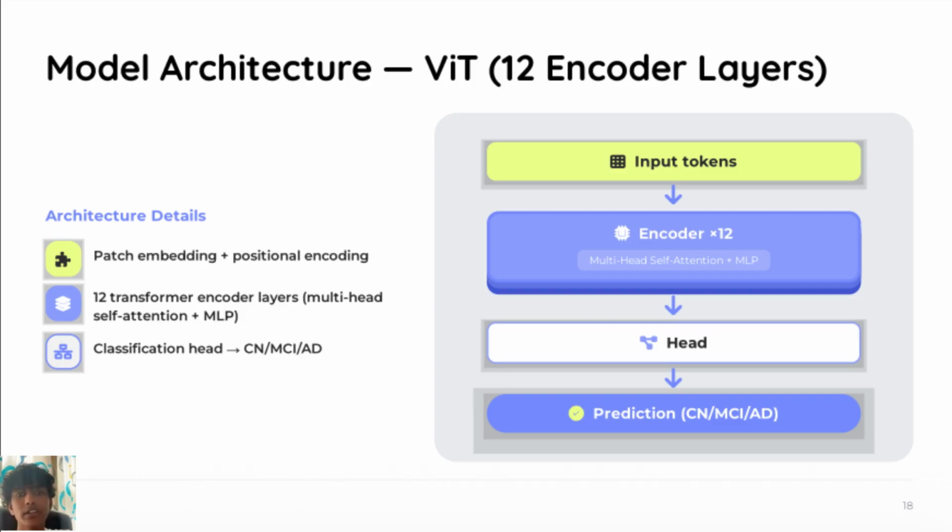Each encoder layer included multi-head self-attention and a multi-layer perceptron. Finally, the classification head predicted the class. For the binary task, the model predicted cognitively normal or Alzheimer's disease. For the multi-class task, it predicted cognitively normal, mild cognitive impairment, or Alzheimer's disease. This architecture was designed to capture both local visual patterns and long-range relationships across the brain.